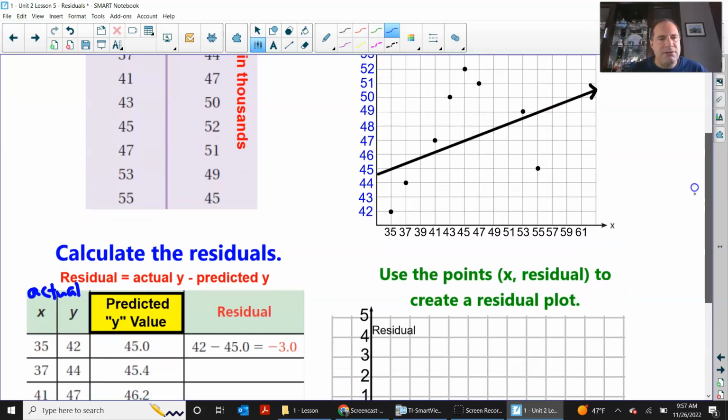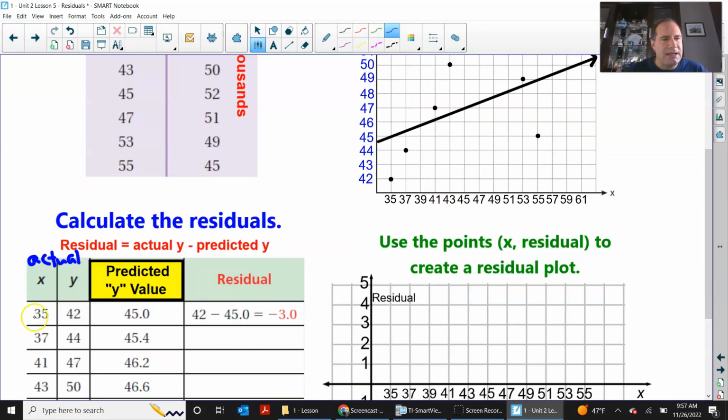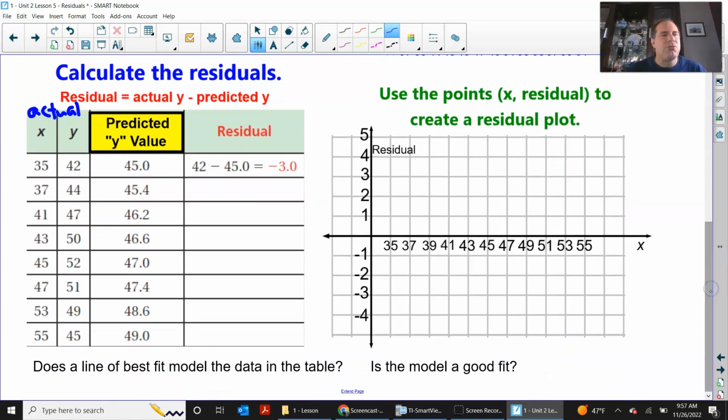So the predicted value is 45 when X is 35. You see that right there? That's a predicted value. When the X is 37, we have a 45.4. So these are predicted Y's that are already figured out for you. So all we have to do is subtract the predicted from the actual to get the residual.